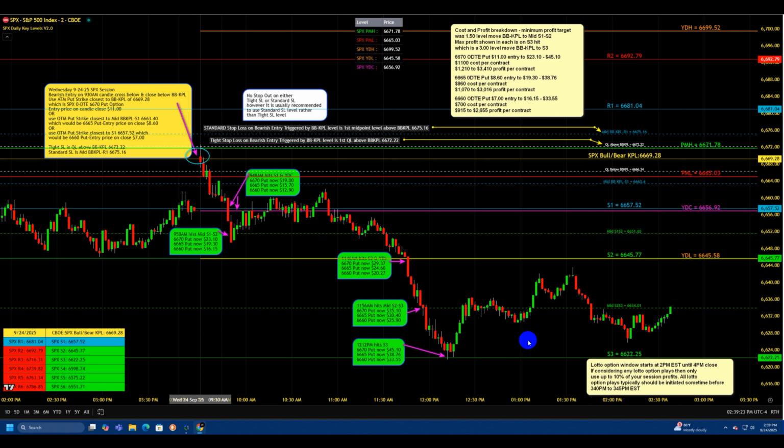However, on lotto option plays, it's also valid to maybe not even use a stop loss at all, especially if the options that you're buying are very cheap, because price will a lot of times at the end of the session be all over the place, and if you're really just looking to see like a lotto ticket, if you can get a big winner at the end of the session, then not using a stop loss on a lotto option play.